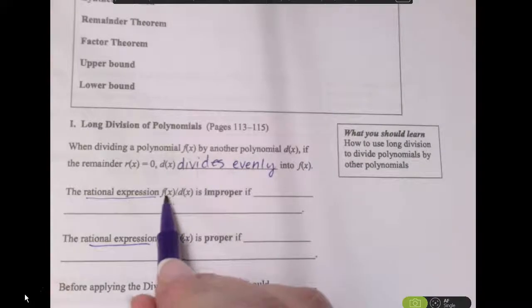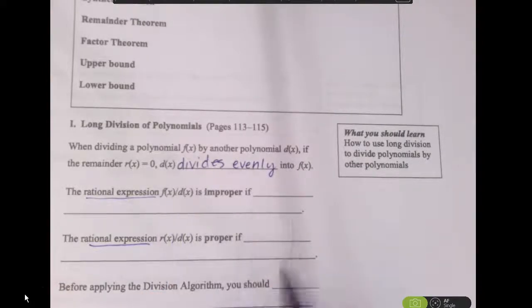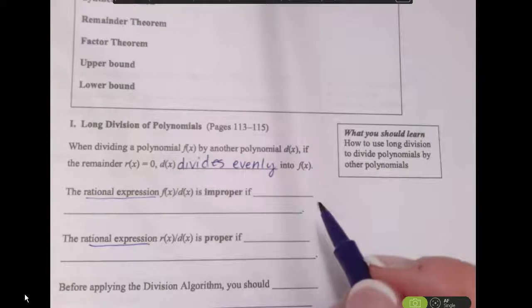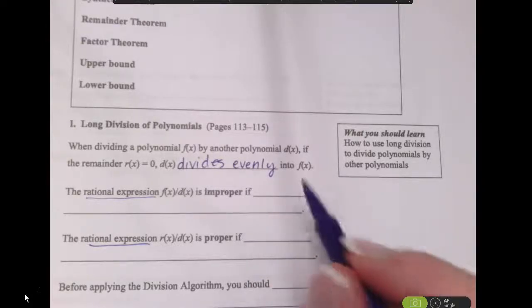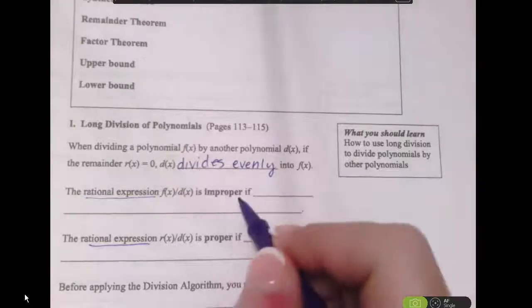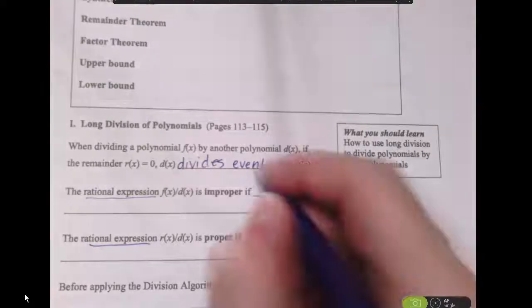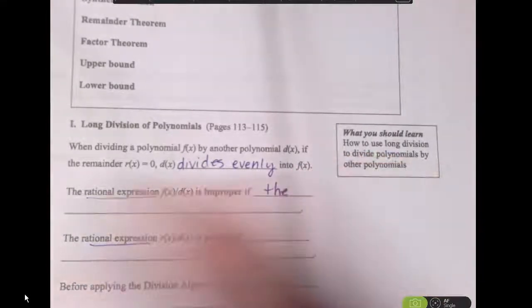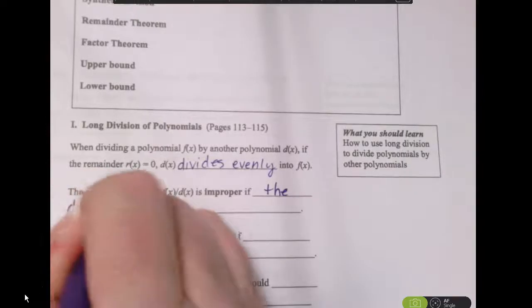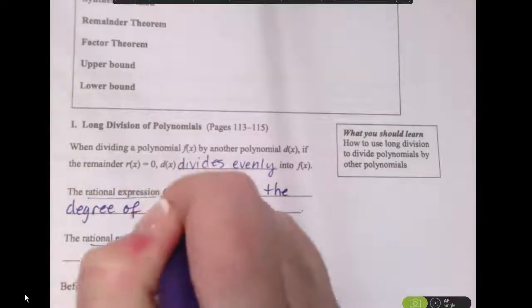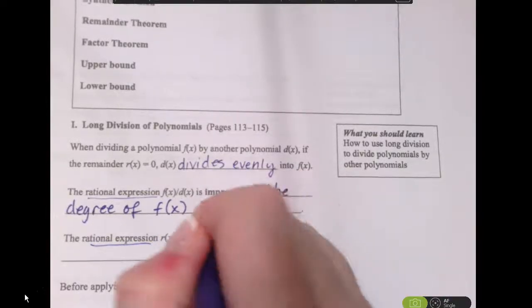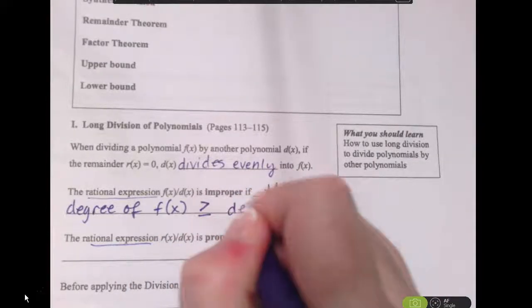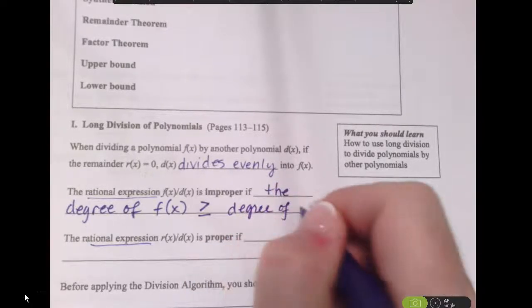If we're going to divide some function f of x divided by d of x, and actually, yeah, we're not just talking about remainders, we're just saying any rational expression. It's improper if the degree of f of x is greater than or equal to the degree of d of x.